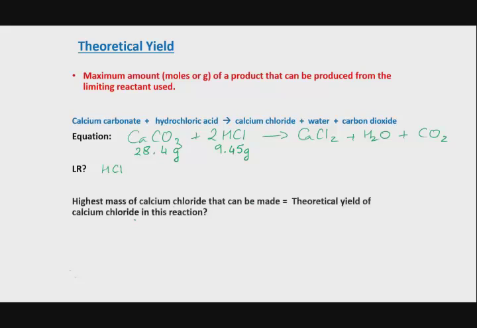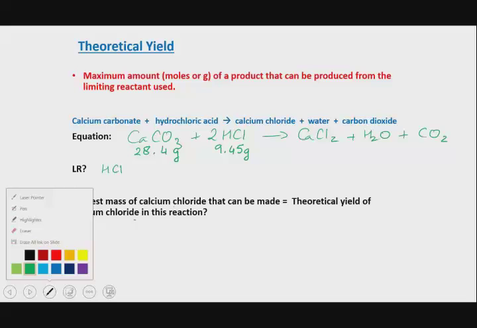Okay, so as we said before, theoretical yield is the maximum amount of product that you can produce from the limiting reactant. So in this case, we need to calculate the theoretical yield of calcium chloride given these amounts of the reactants.